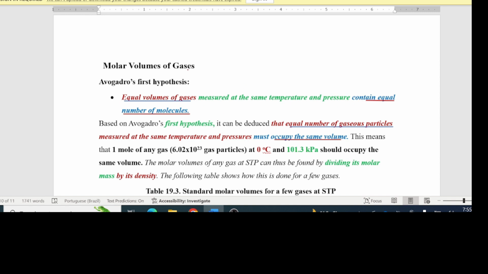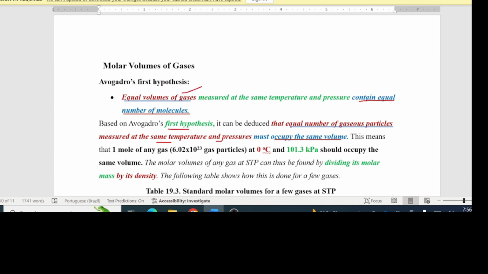So if you flip this around now, based on his first hypothesis, it can be deduced that equal number of gas particles measured at the same temperature and pressure must occupy the same volume. So we are just reversing this thing. Equal volumes contain equal number of molecules or particles, right?